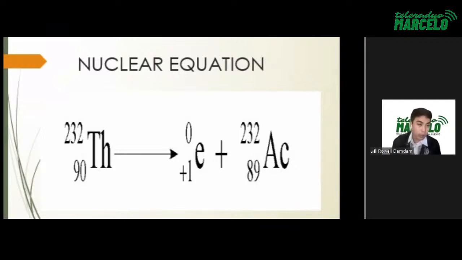You can see in the nuclear equation on the screen the atomic mass and the atomic number or nuclear charge of the parent and daughter nucleus. Regardless of the type of radioactive decay, the atomic mass and the nuclear charge are conserved on the left and right side of the nuclear equation.